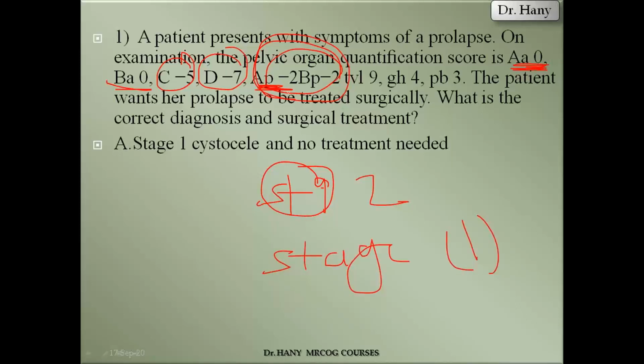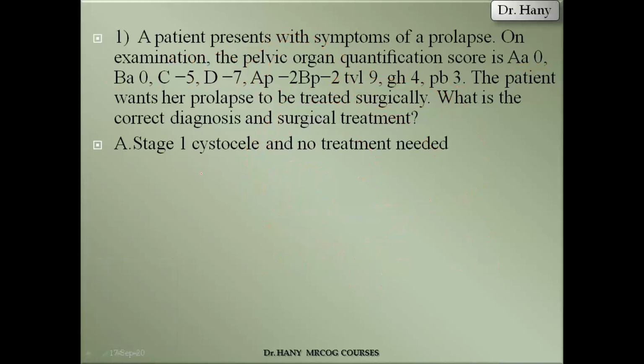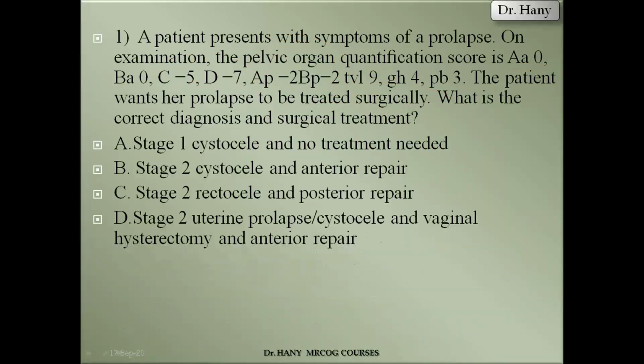Posterior wall. Vaginal length is fine. Genital hiatus is a little bit normal. Perineal body is a little bit normal. The patient wants her prolapse to be treated by surgery. So this is mainly what? Anterior wall stage 2 prolapse and anterior repair.